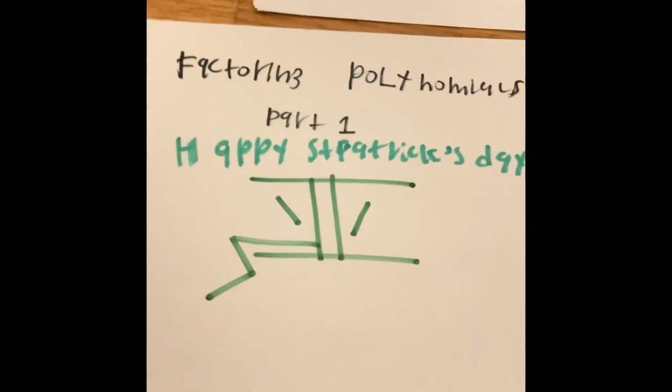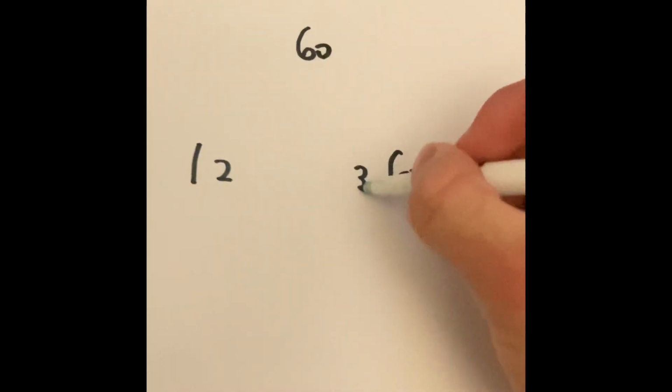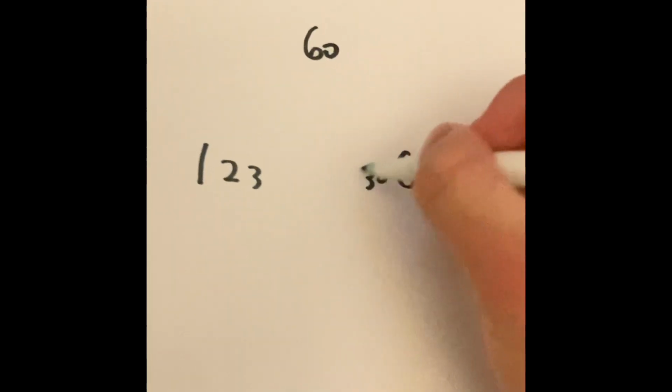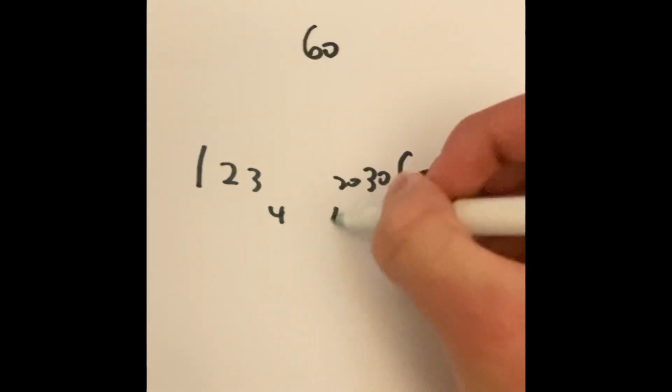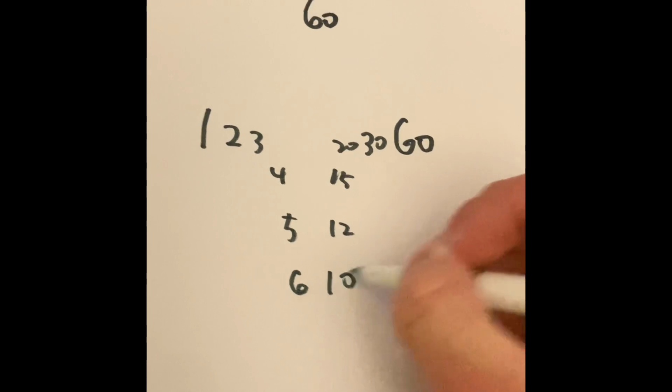When you factor any kind of number, you are usually trying to find what numbers can be multiplied to get you that answer. For example, if we wanted to ask what the factors of 60 are, we can say that 1 and 60 is a factor, 2 and 30 is a factor, 3 and 20, 4 and 15, 5 and 12, 6 and 10.